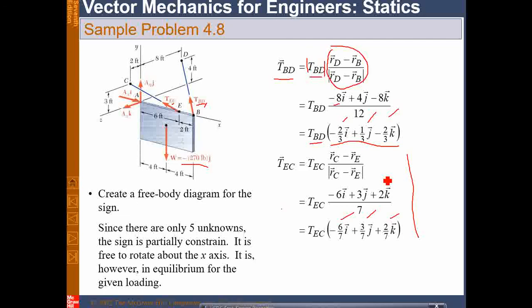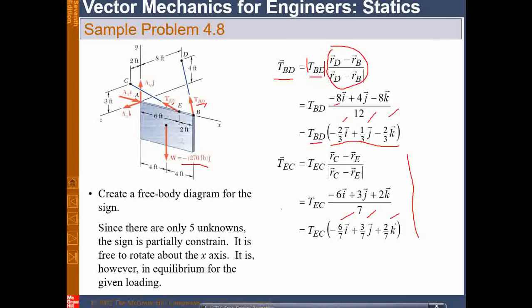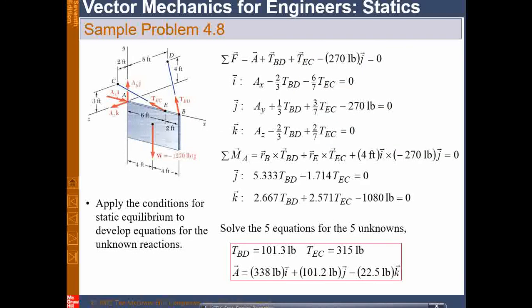How will you do this? This is the force balance. So sum up all the forces along the x direction. This is x. And the x component of TEC, pick up this x component of TEC, this one. And then put the x component of TBD, the I component from here.